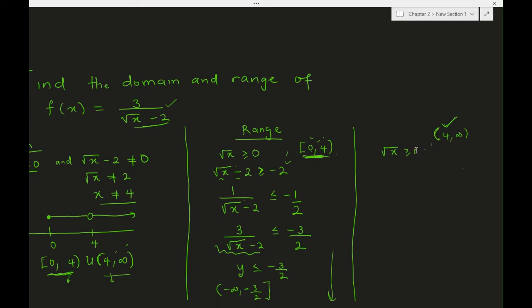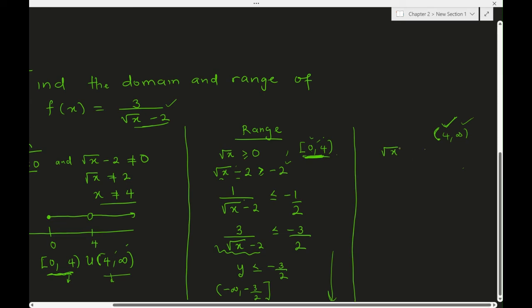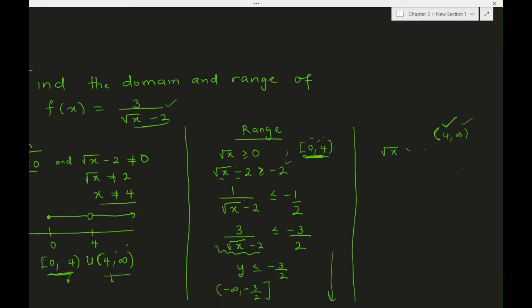So here we don't need to use 0 because we don't even have 0 in this interval. So when you say root of x is greater than 0, it's true, but do we need 0? No, because there is no 0 here. So we can remove this and just start with the fact that the smallest value here is 4, so the root is going to be 2. So the root of x is always greater than 2 in this case.